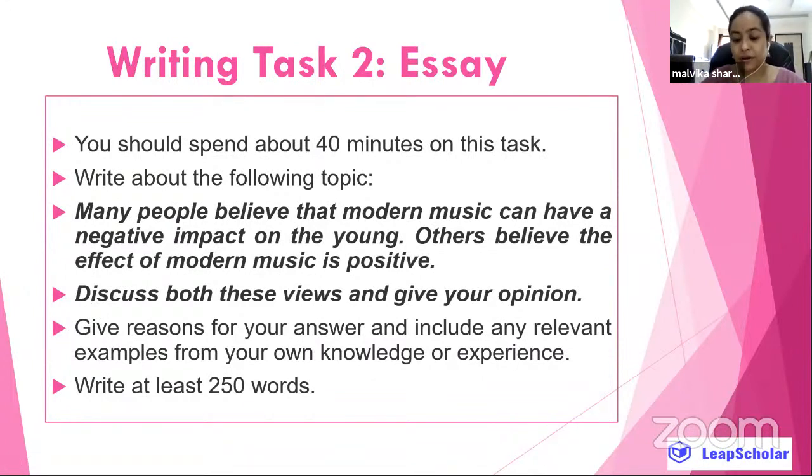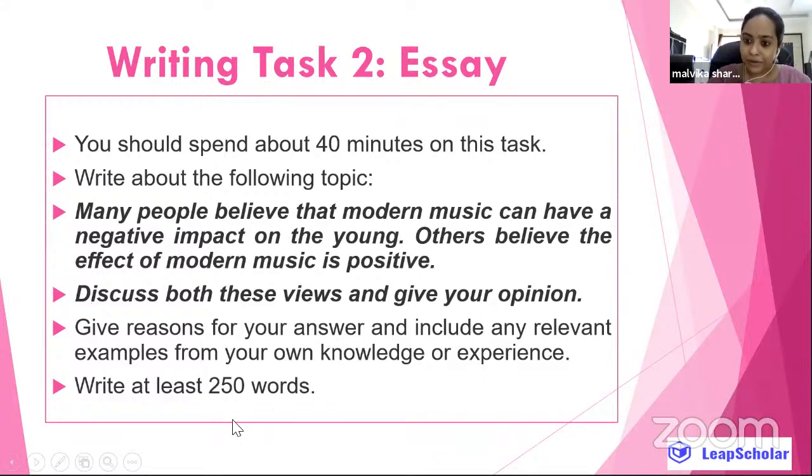Although you have a complete 1 hour at your disposal to complete the writing task, since the essay, that is the writing task 2, is higher in weightage, we recommend to put more time to write that and less time on building the report. So please keep this in mind. 40 minutes should be spent for this task.